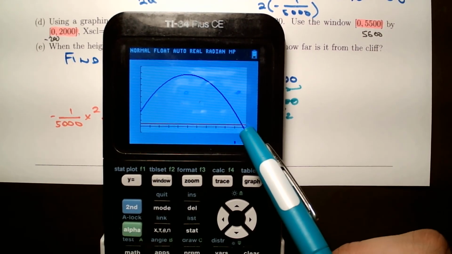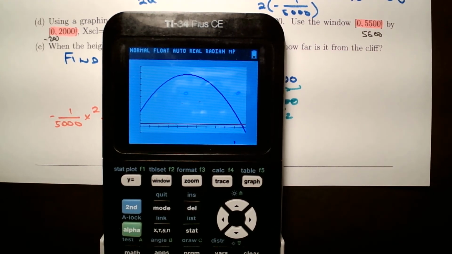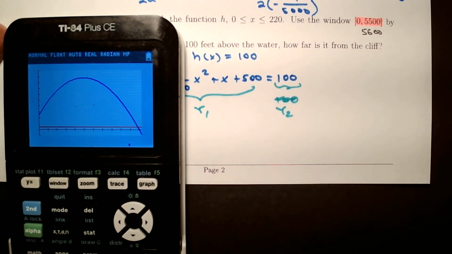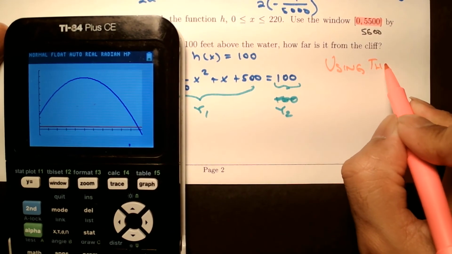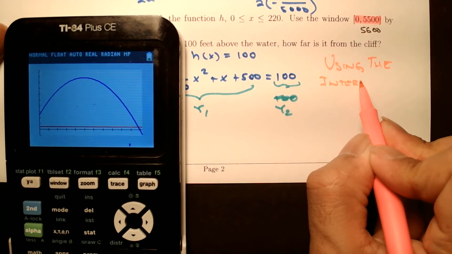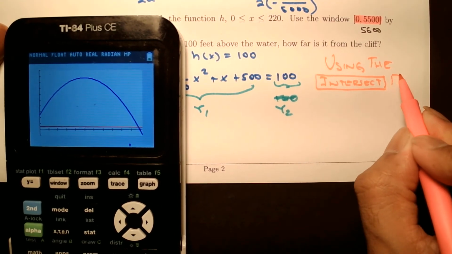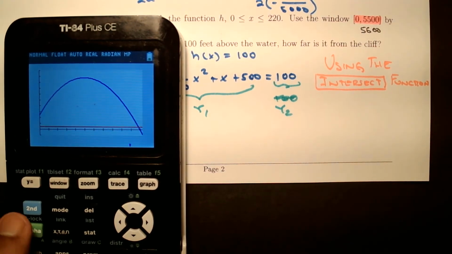What we want to do is find the intersection point between these two. Using, in this case, the intersect function, this is what we do.